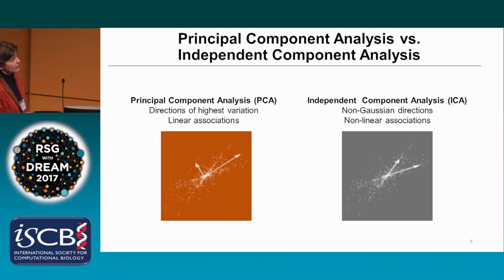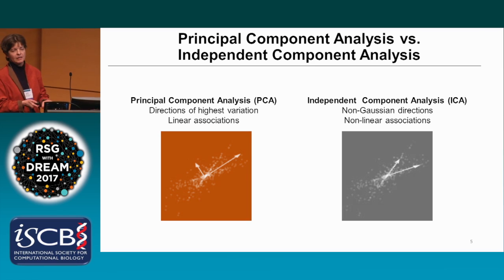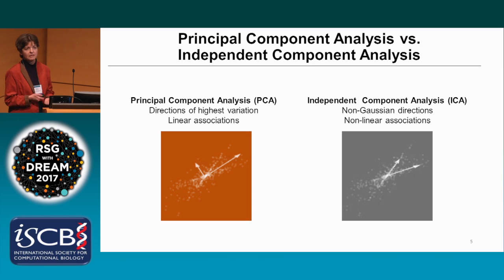The other basic method for data deconvolution is independent component analysis. It was developed in 1994 by Comon, and it is meant to solve the blind source separation problem. So it is meant to unmix the data into a linear combination of independent factors.